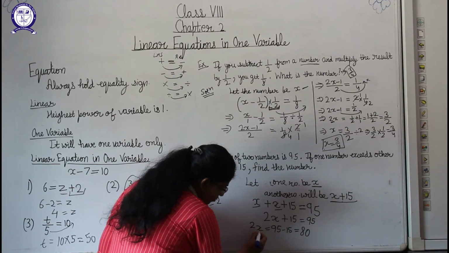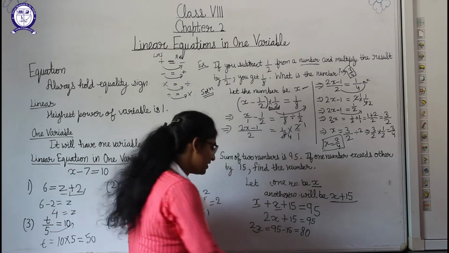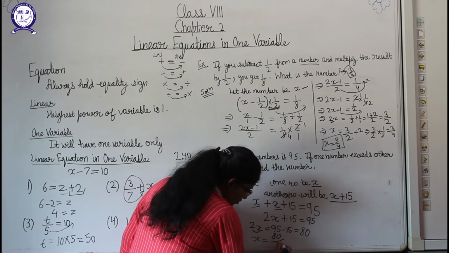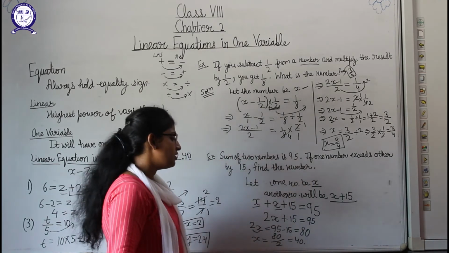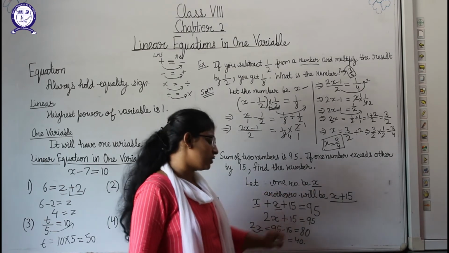Now 2 is multiplying x here, so on that side it will be divided. So x is equal to 80 divided by 2. We are getting 40. Okay, it means we are getting x to be 40. One number is 40 here.